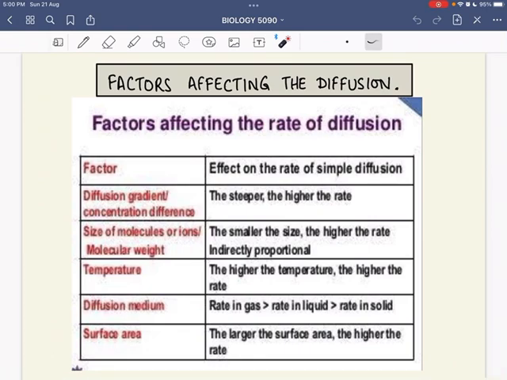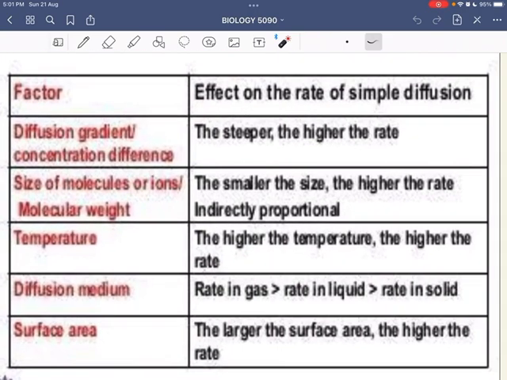In front of you, you can see the various factors that affect the rate of diffusion. Of course, the greater the concentration difference, or the steeper the gradient of substances across any membrane, or in between any two compartments, the higher would be the rate of diffusion, which means that the greater the difference between the number of molecules across a partially permeable membrane, the higher would be the rate of diffusion.